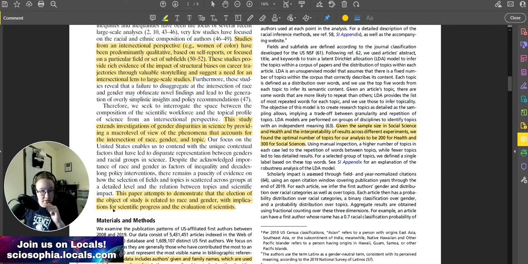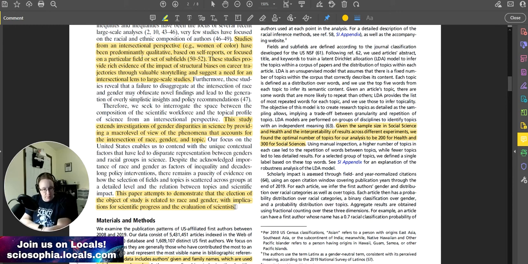This paper attempts to demonstrate that the election of the object of study is related to race and gender, with implications for scientific progress and evaluation of scientists. So the major thing that they are saying here, let me read the longer thing here real quick.